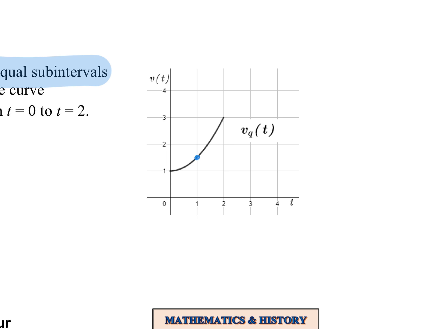So this time I'm going to start at 1, and I'm going to draw my rectangle with that being my height. So that's my first rectangle. My second rectangle, I'm going to take that point at 2, and that is going to be my height of my second rectangle.